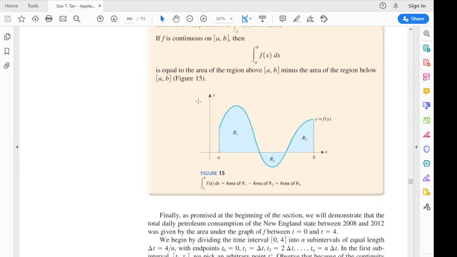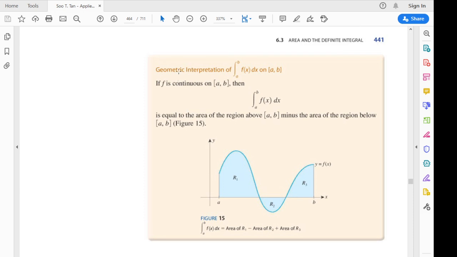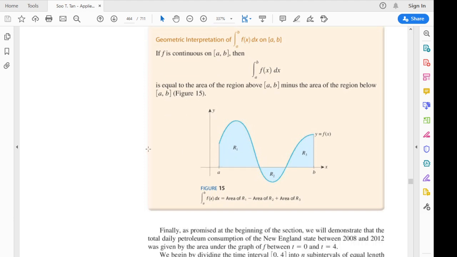When we have a curve that exists above and below the x-axis, we have to be a little bit careful if we're looking for the area under the curve, because the area above the axis is going to be positive and the area below the axis is going to be negative. And when you add that positive and negative, you have a subtractive process.